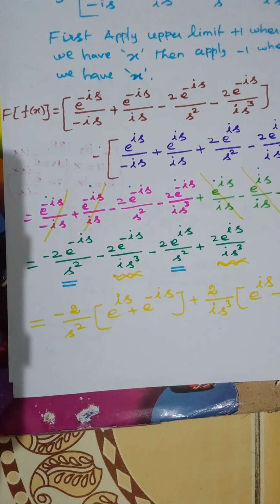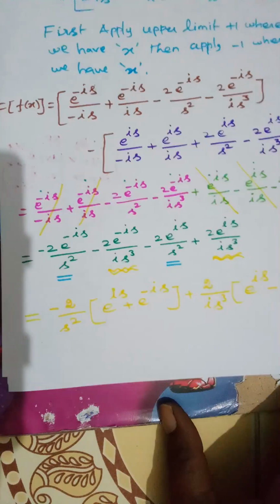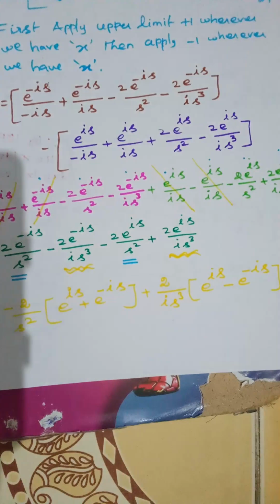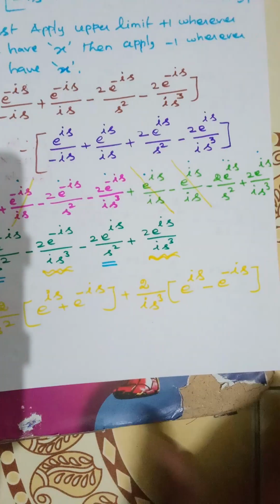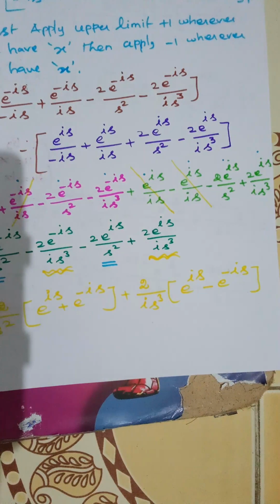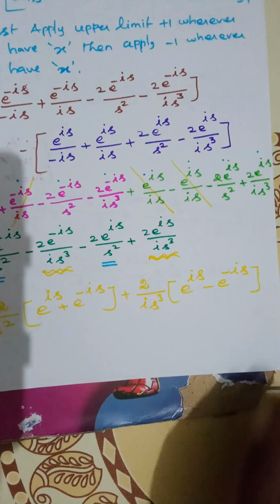So I can take minus 2 by s squared, the rest e power is plus e power minus is. From the second and last, 2 by is cube I can take outside. The rest will be e power is minus e power minus is. So this is the rest.